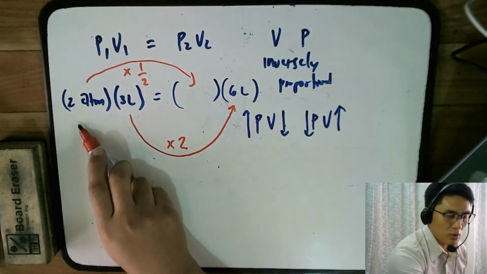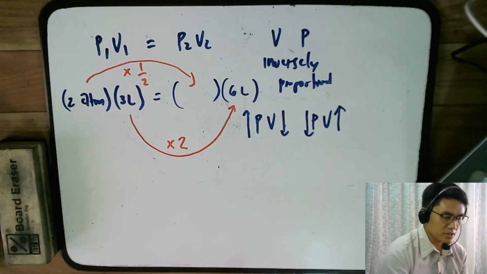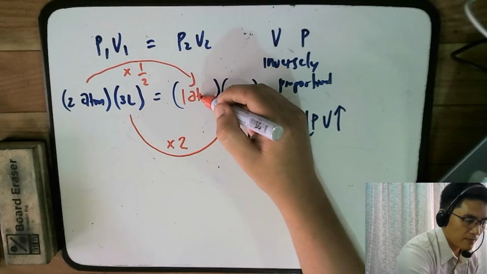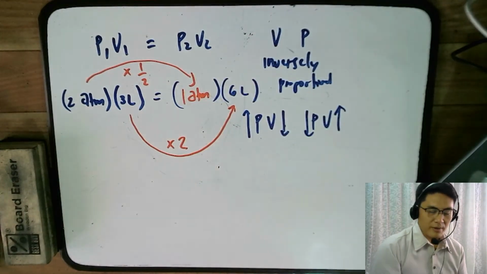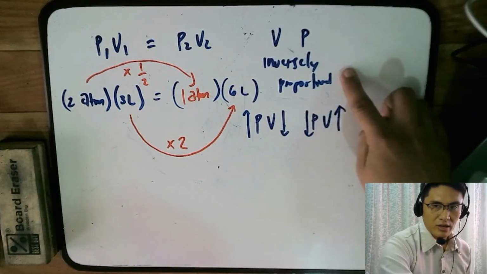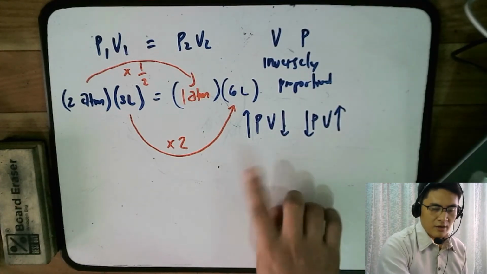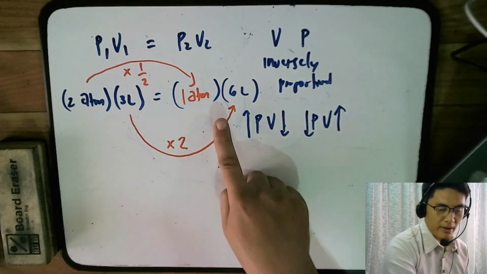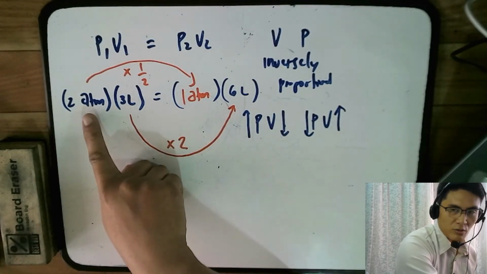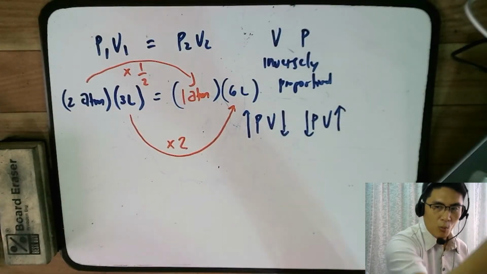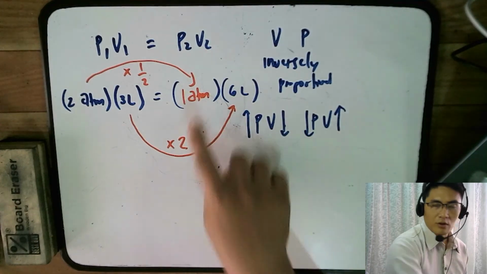So 2 multiplied by 1/2 is obviously 1 atm. There you go. Just by understanding what inversely proportional means, that the effect is going to be opposite, if this is multiplied by 2, this is going to be multiplied by not 2 but 1 over 2. You have solved the problem.